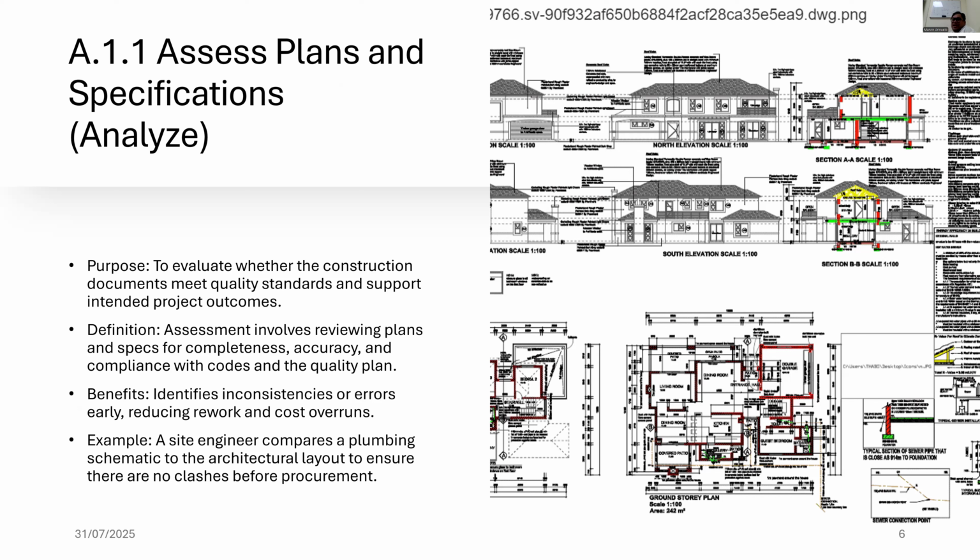Example, a site engineer compares a plumbing schematic to an architectural layout to ensure that there are no clashes. Nowadays, we are using building information modeling, and the very purpose of that is the clash detection feature, right? So we can use BIM with Revit, Autodesk software, for early clash detection.